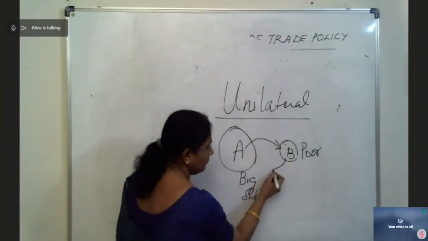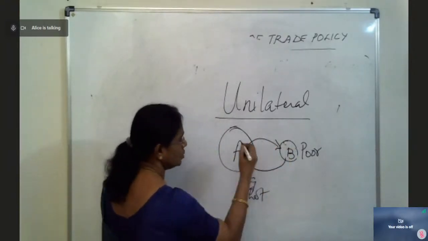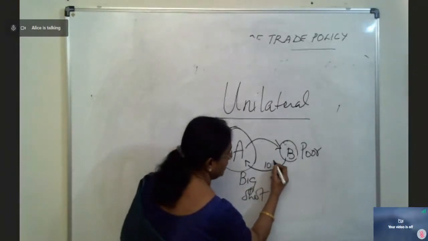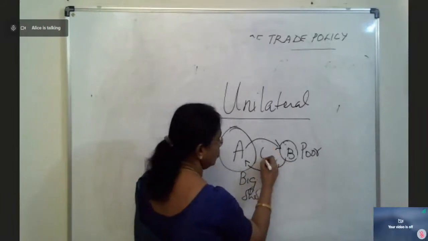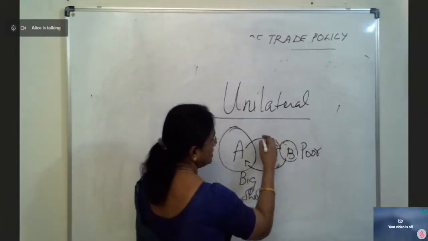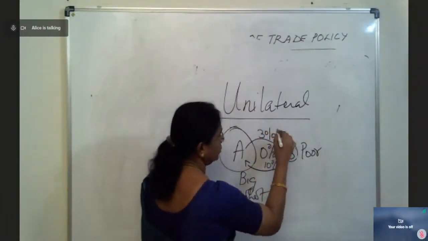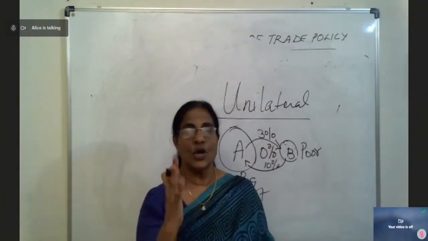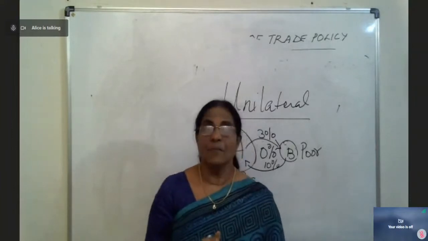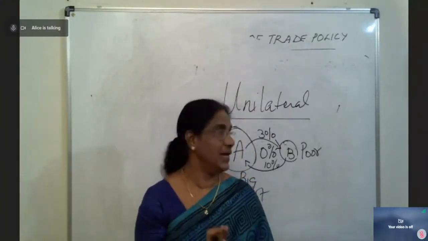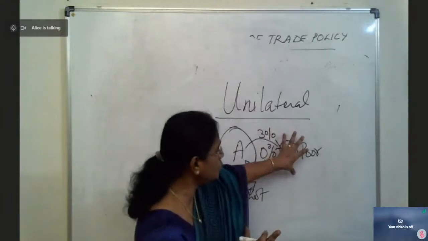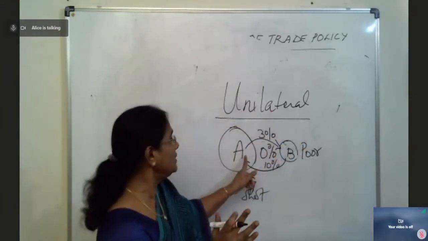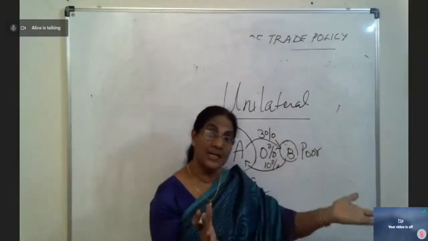unilaterally some preference for these goods to enter into A, say at 10% duty. Some goods at 10% duty, some goods at 3% duty, at a lower duty. That is unilateral preferential treatment. Preference is given by country A to country B. It's not a contract, unilaterally for some reason.